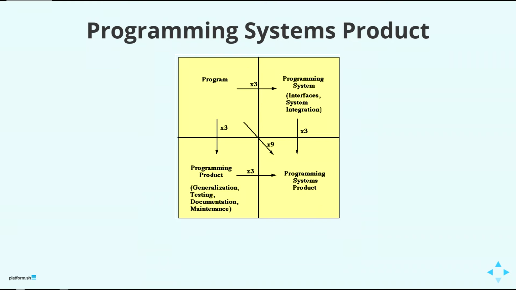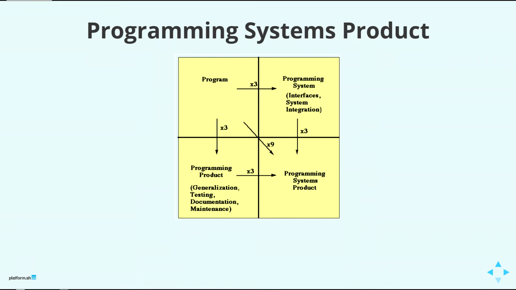You could also turn it into a programming system, which means something other code or other tools can build off of. Doing that requires building and defining formal interfaces. It requires integration work to plug it into other pieces and see where it breaks. Not if it breaks, where it breaks. And fix those to make it stable enough that others can build off of it.